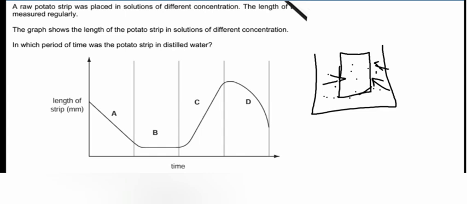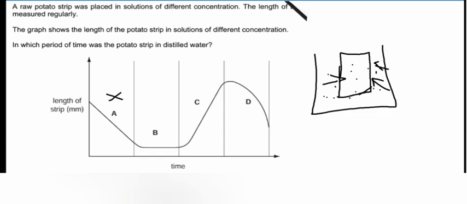Now according to the graph that we have here, at option A, the potato was decreasing in size. So the potato can only decrease in size when it is placed in a concentrated sugar solution or salt solution. So option A is not going to be the answer.